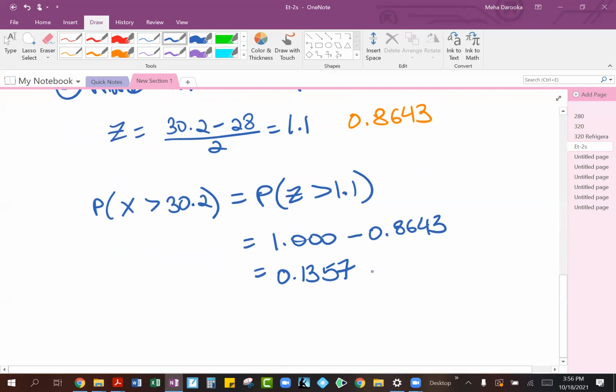So 0.1357 as a probability, or again 13.57 as a percentage.